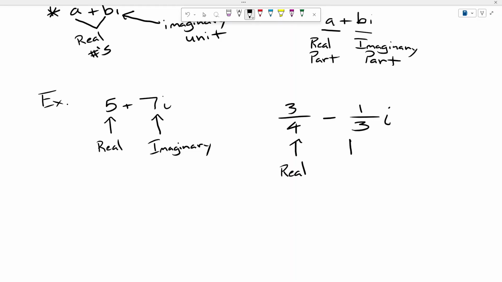And then we'd have to account for the fact that we're subtracting, so we'd have to account for the minus there. So the imaginary part would actually be negative 1/3 in this case. Negative 1/3 would be our imaginary part in this complex number example.